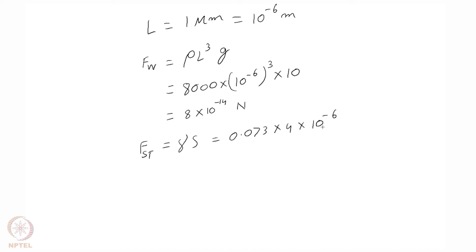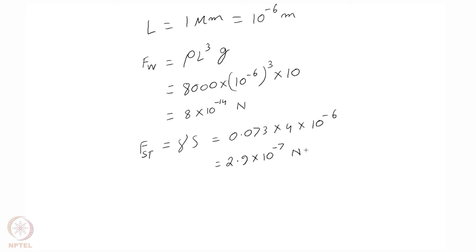So 4 into L, and that L is 1 micrometer, that is 10 to the power minus 6, and that gives us 2.9 into 10 to the power minus 7 Newton.